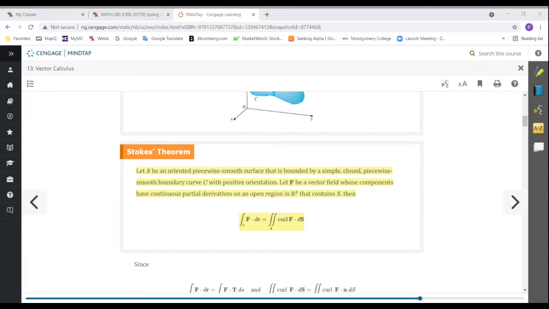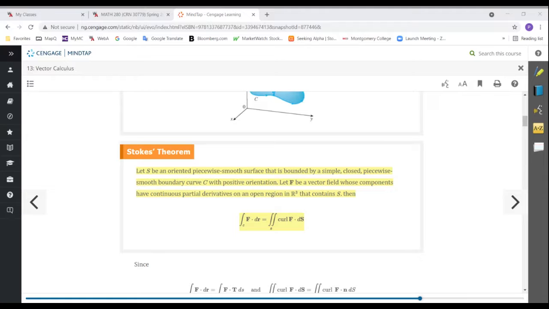So do you see here in Stokes' theorem, on the left, that integral stands for work, find the work. But the double integral on the right, what does that represent? What kind of integral is that?